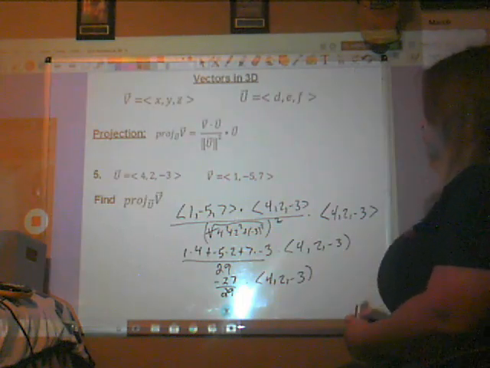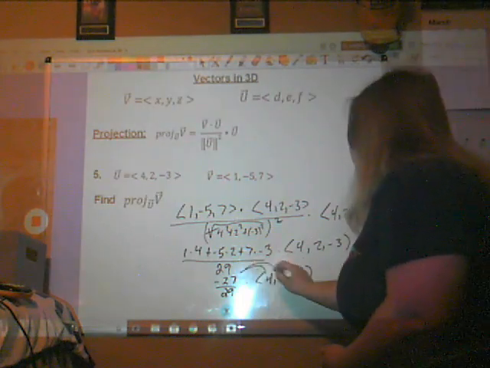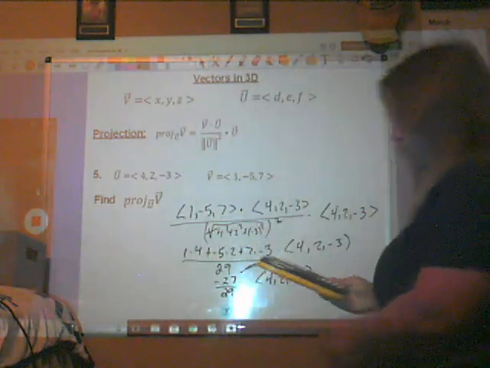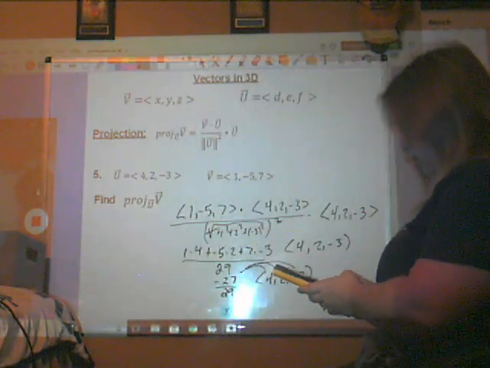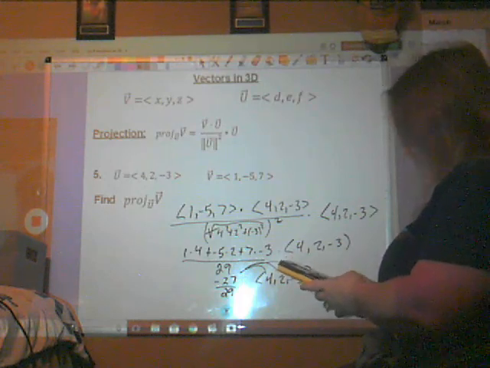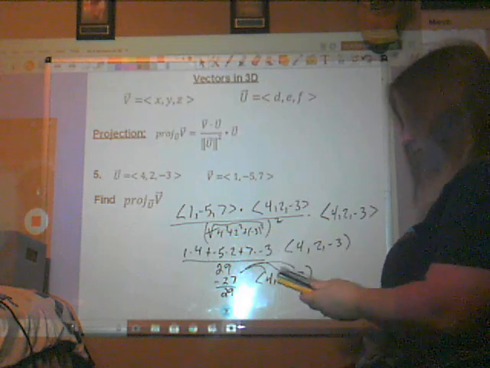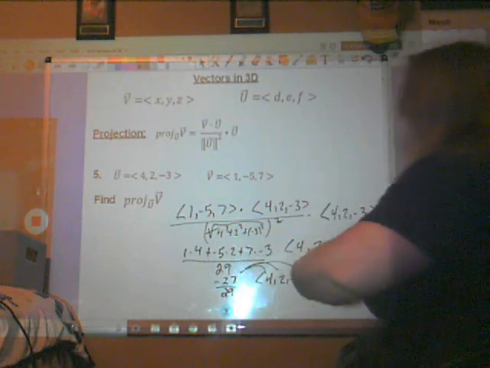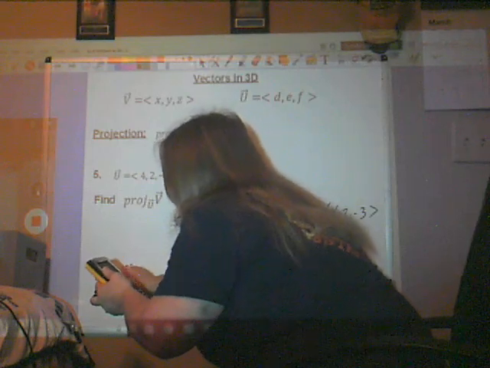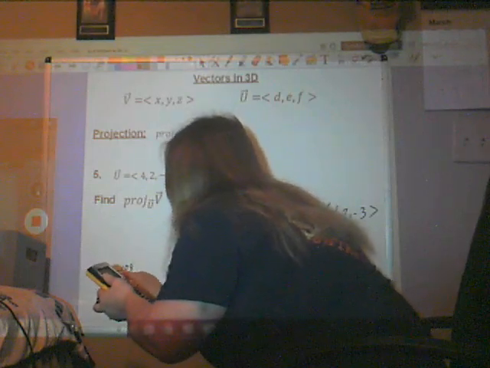And then you just multiply into each thing. And so I'm going to use my calculator because it's a weird fraction. So I get -27 over 29 times 4, which is going to give me -108 over 29.